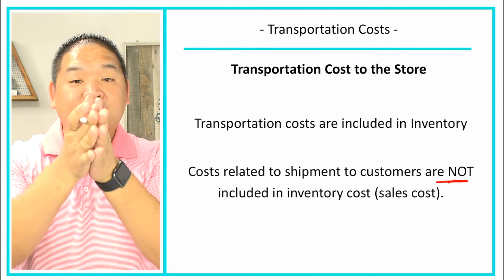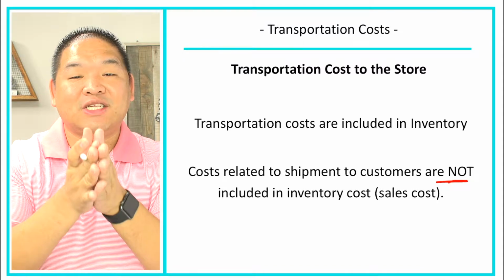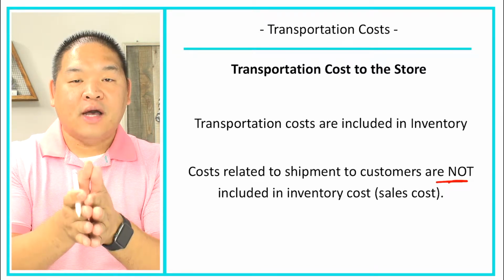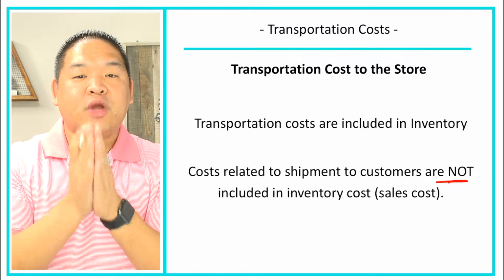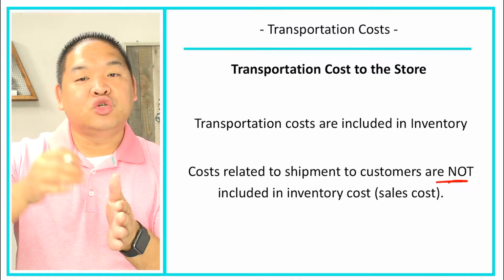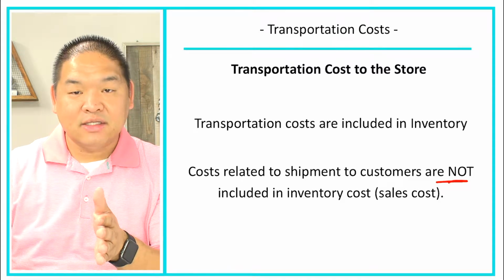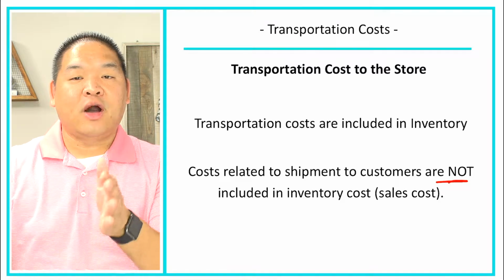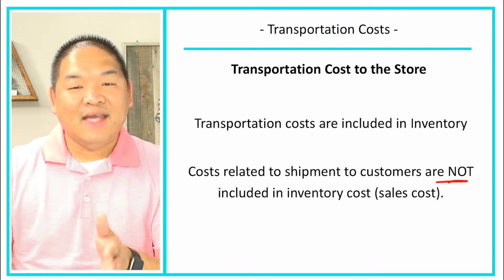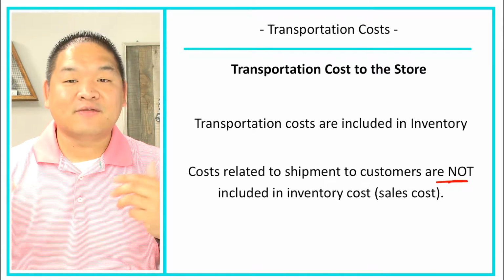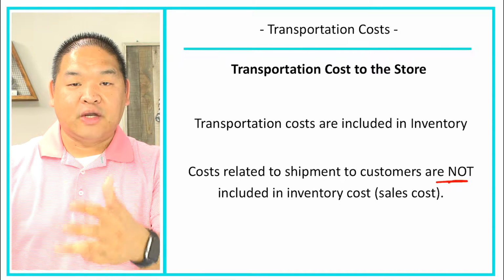Now, once the inventory is in your possession at your store, at your facility, then the cost incurred to transport it from your facility to your customer's home or your customer's site is not included in the cost of inventory. Instead, it's a sales cost. It's the cost of doing business. It's the cost of selling that good to your customer.